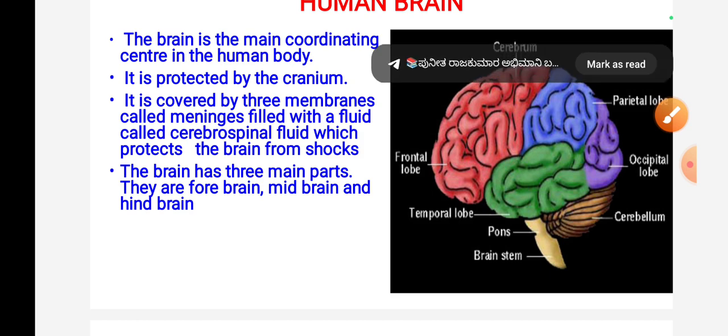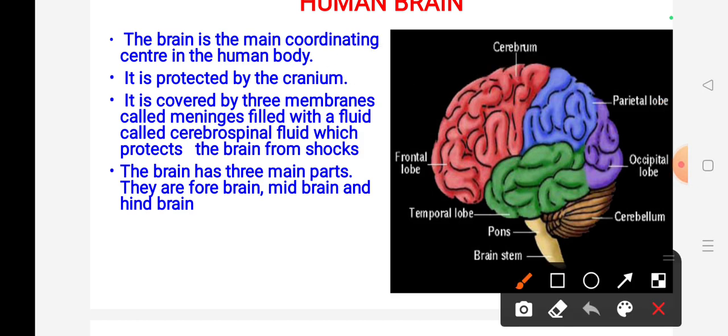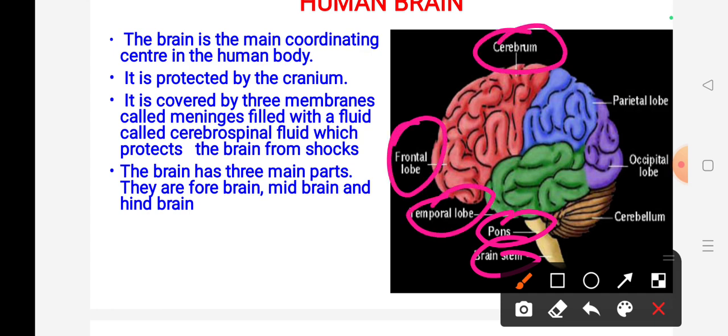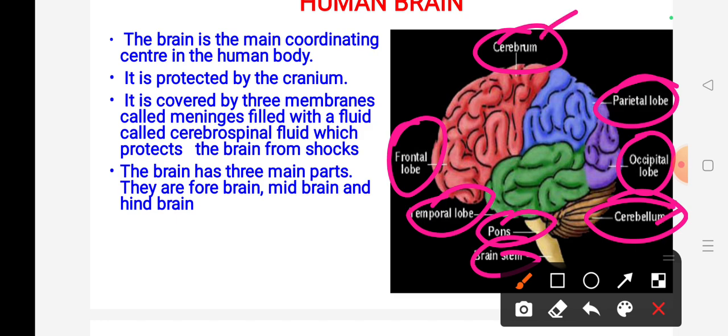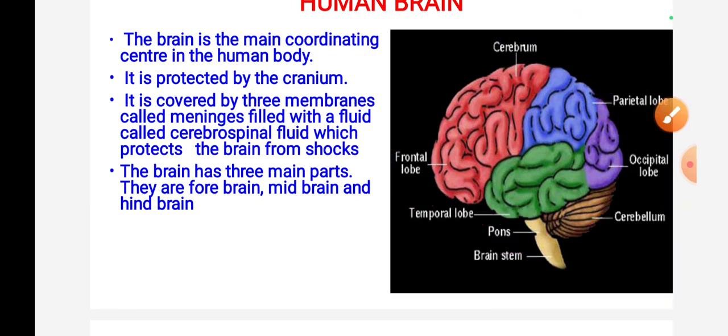If we see the structures: brain stem, pons, temporal lobe, frontal lobe, cerebrum, very important, parietal lobe, then occipital lobe, cerebellum. Cerebrum is different and cerebellum is different. Cerebrum comes under forebrain, and cerebellum comes under hindbrain.